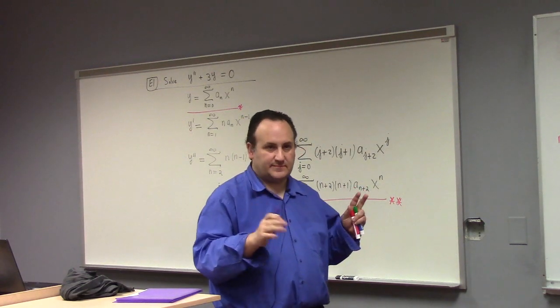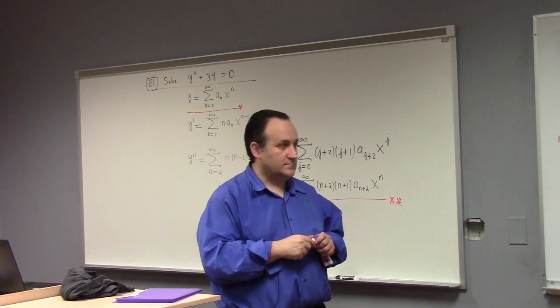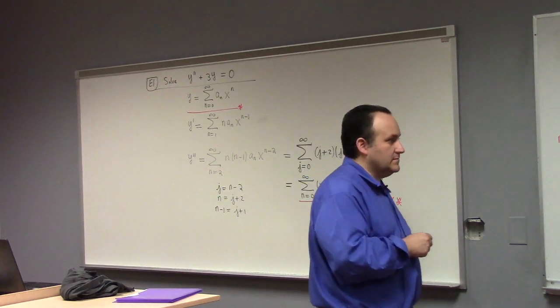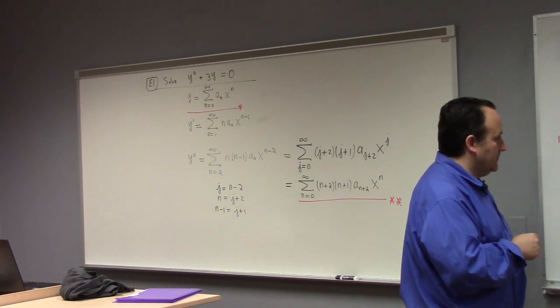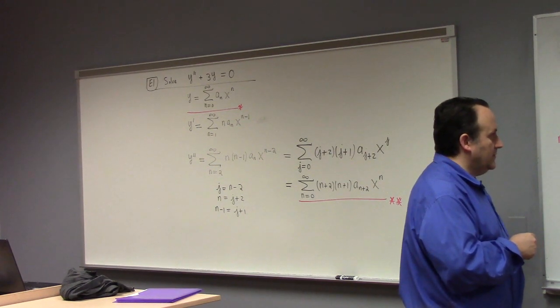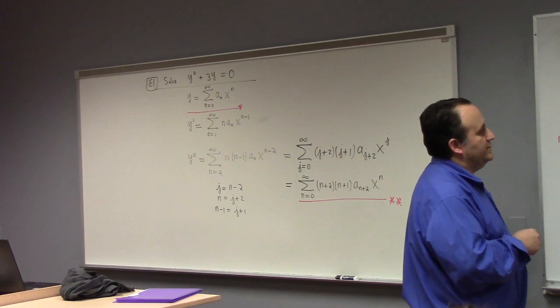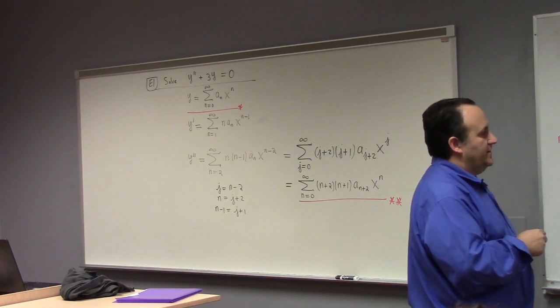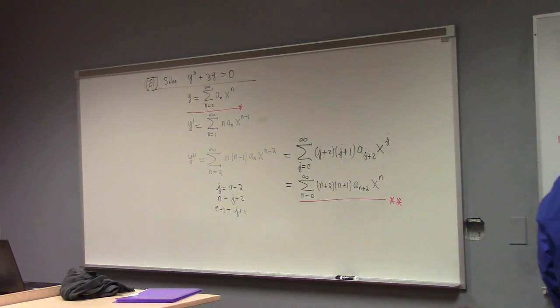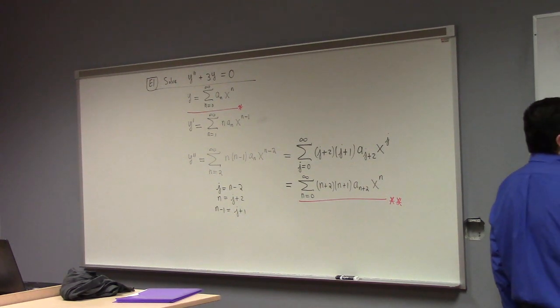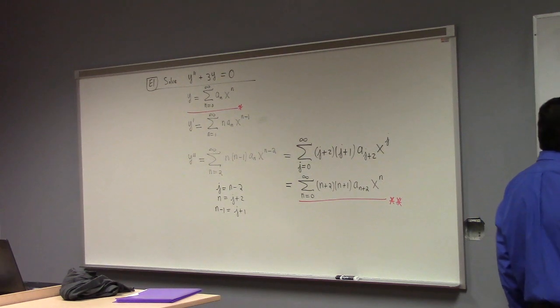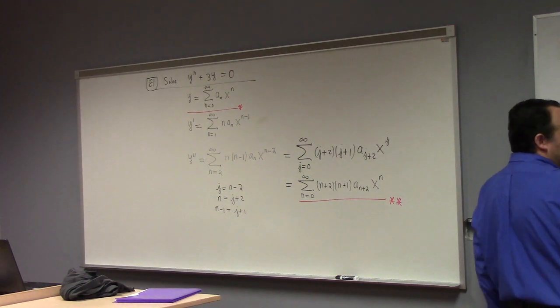All right. With that, how did you get the a sub 0? What do you mean? It's everywhere. I mean, how do you define that? Oh, that's a good question. This is for n equals 0, 1, 2, 3, right? So you can't ask me what happens when you put this n equal to 0. You can't do that. That would put this to minus 2.